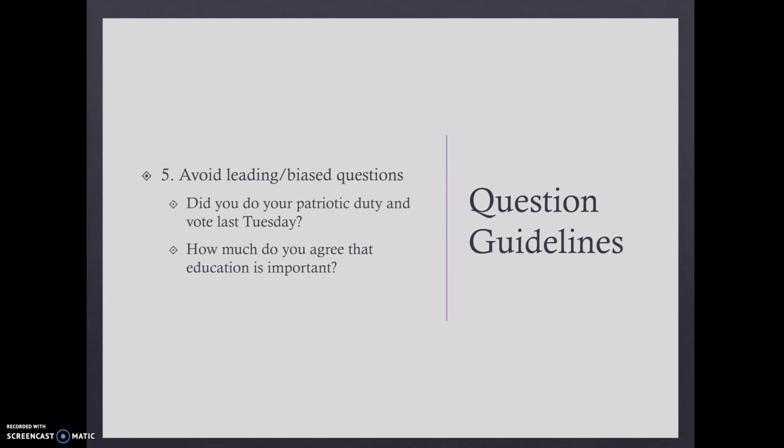Or like the first example, if you frame voting as a patriotic duty, people will be more likely to say, yeah, I did, even if they didn't. So try not to put your bias into the question. Just ask people, did you vote? Make it simple, make it clear, and make it as bias-free as possible.